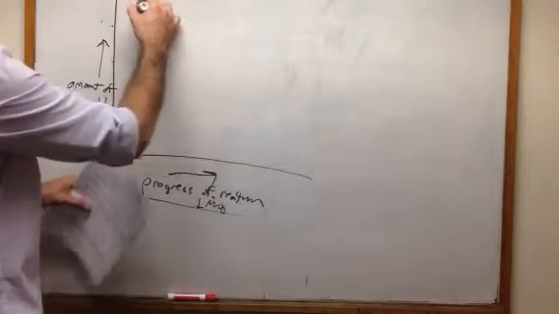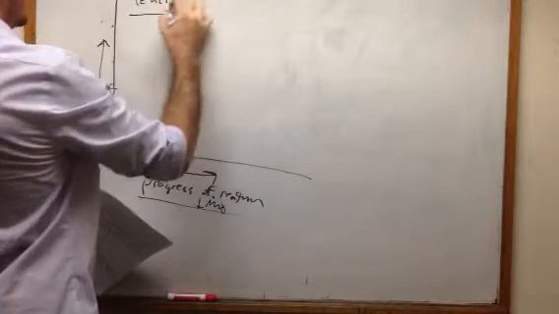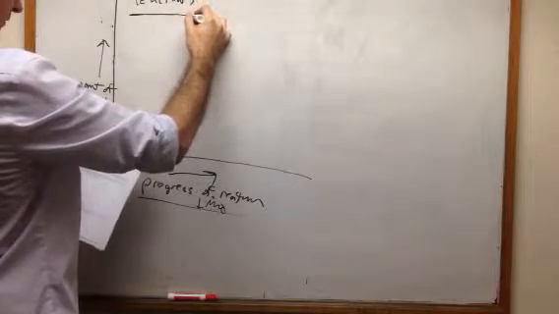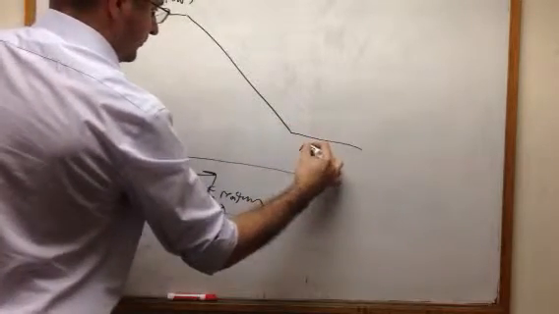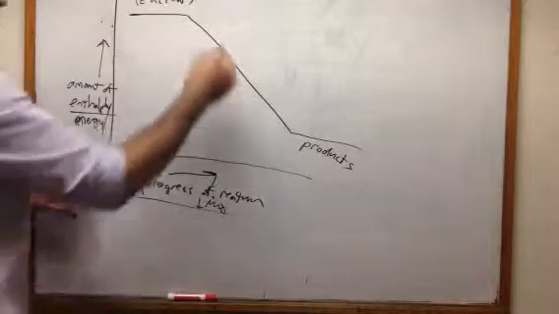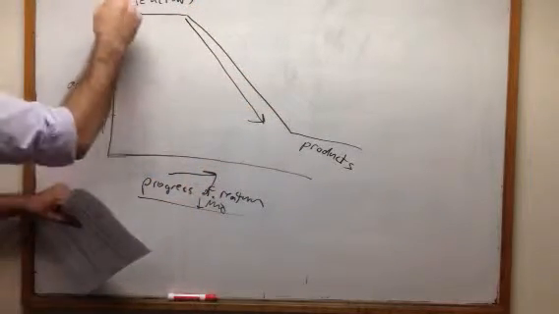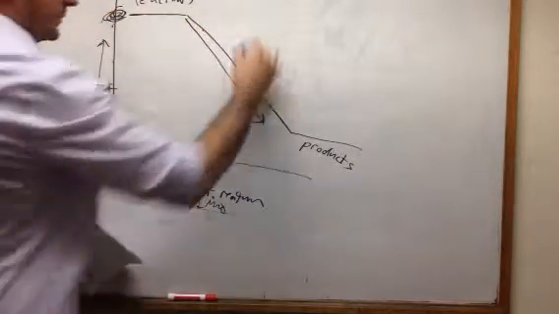Alright, so you have the reactants up here, and as time goes by, the reactants' energy is lowered, and then you have the products, okay? And as this transition occurs, since the amount of energy was high right here, and the amount of energy drops, guess what had to happen?